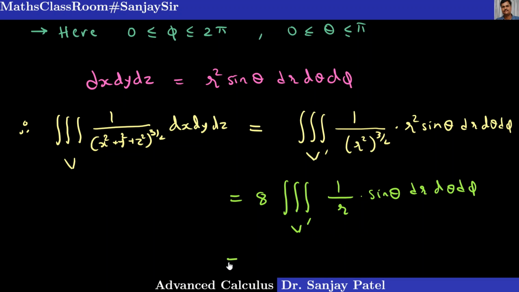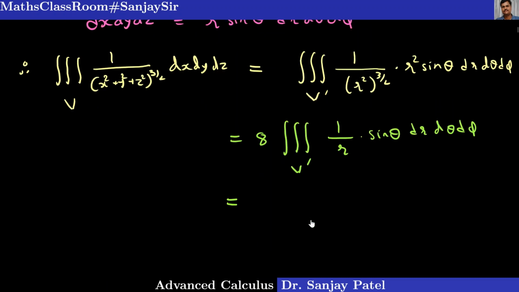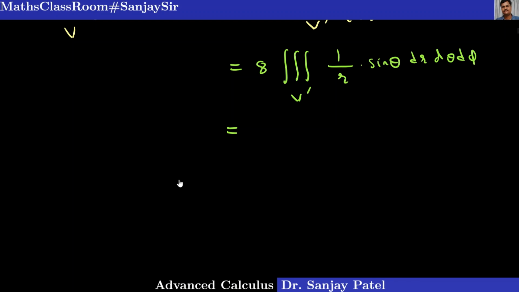In this region, in the first octant, which is something like this, I can explain this way. So this is our sphere, something like this, and there is another sphere, and r changes from the inner sphere to the outer sphere.